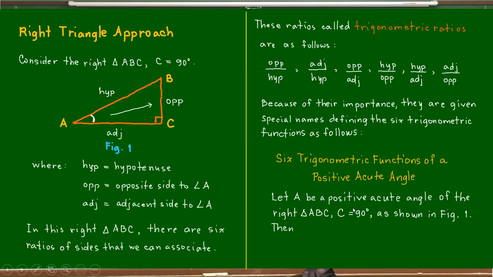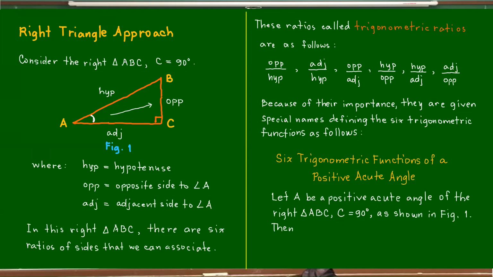So let A be a positive acute angle of the right triangle where C is 90 degrees as shown in figure 1. In the right triangle approach, this is to remind you that we are going to have trigonometric functions of a positive acute angle, meaning we are limited to dealing with angles that are between 0 and 90 degrees only.